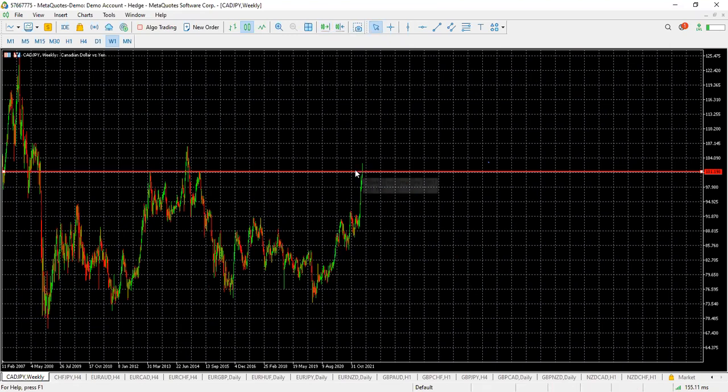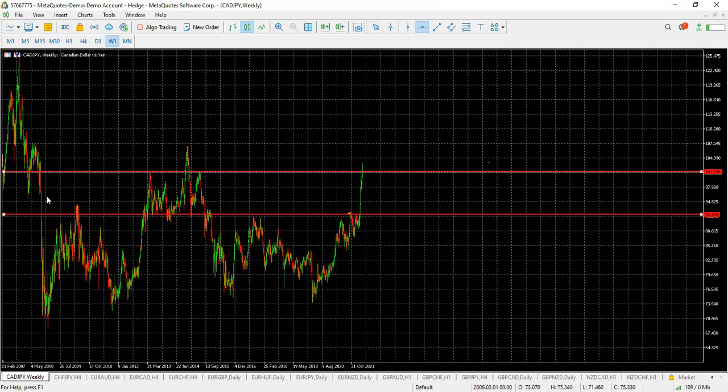You can see this is all-time high. This is all-time high. So this is at the same zone of rejection. So we are expecting a pullback either to this zone, or to these zones here.